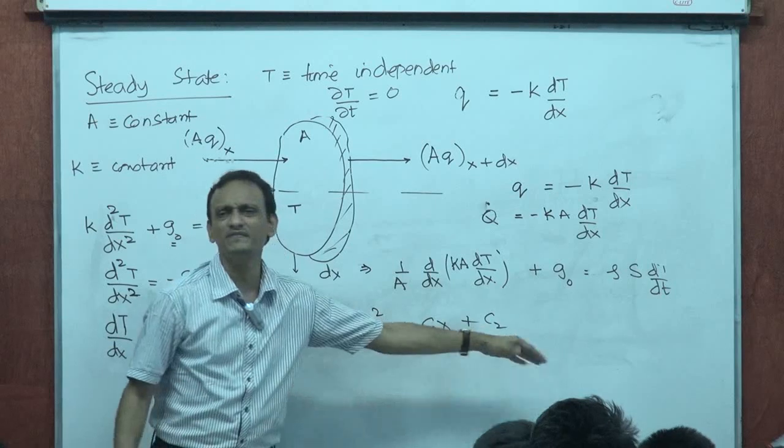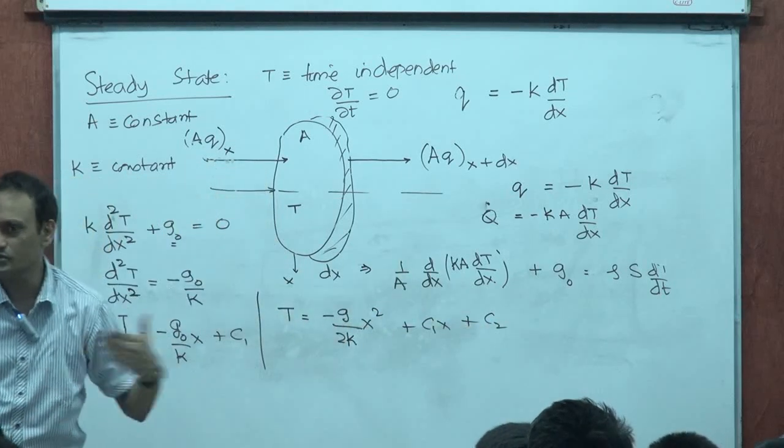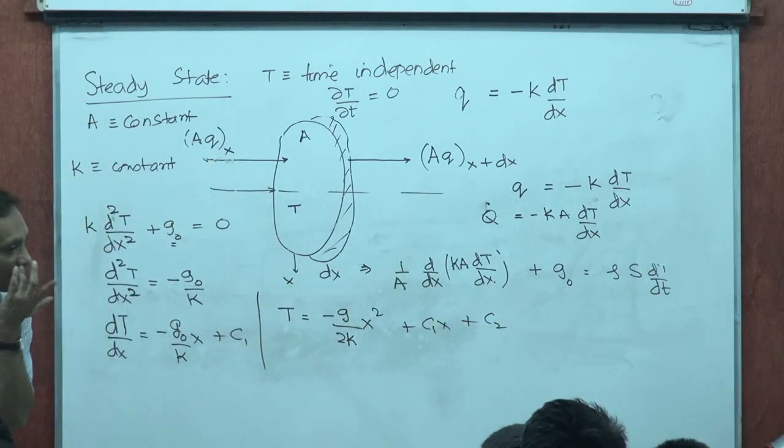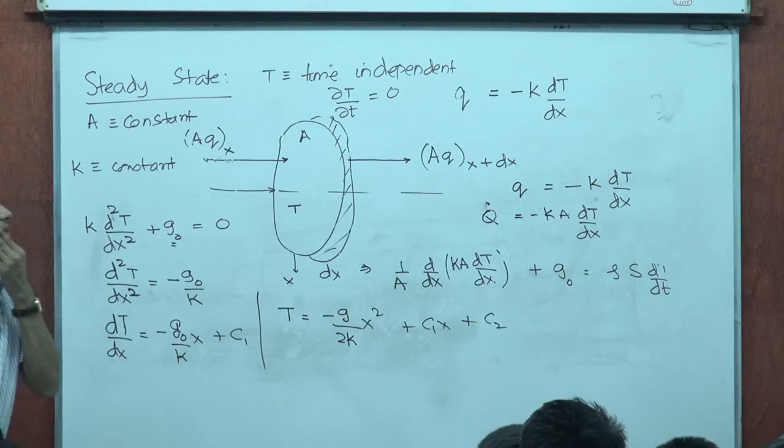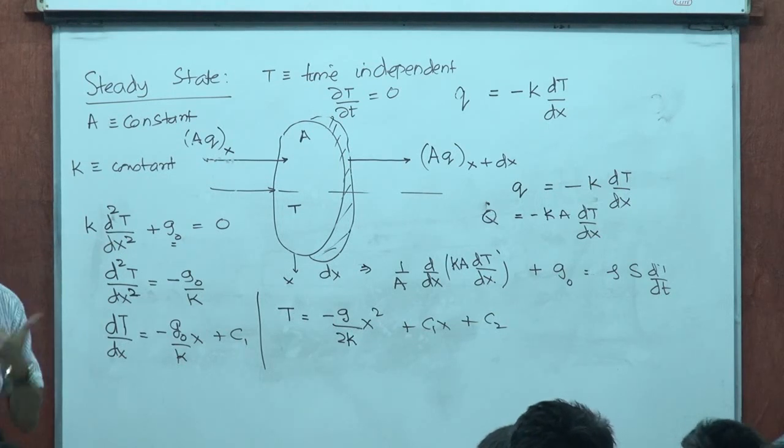Now, how does one obtain these constants C1 and C2? Well, boundary conditions.